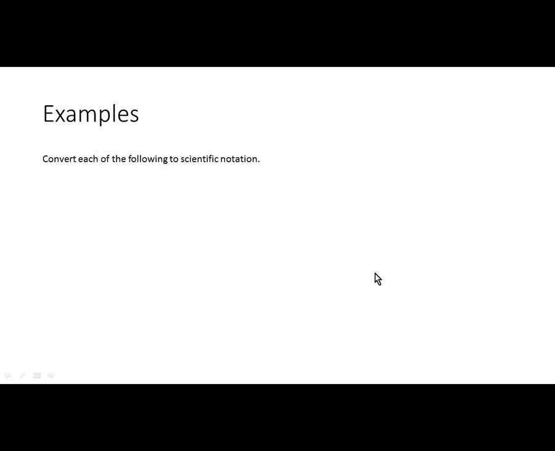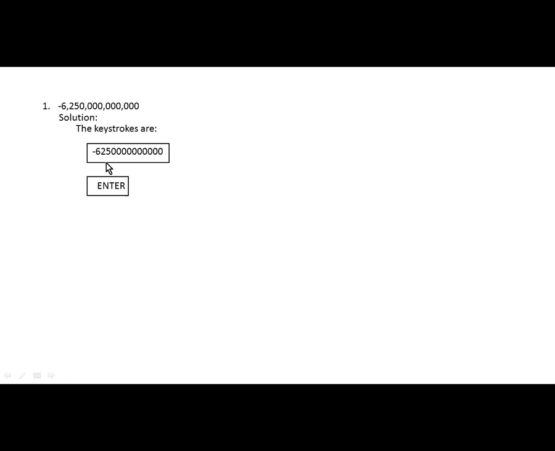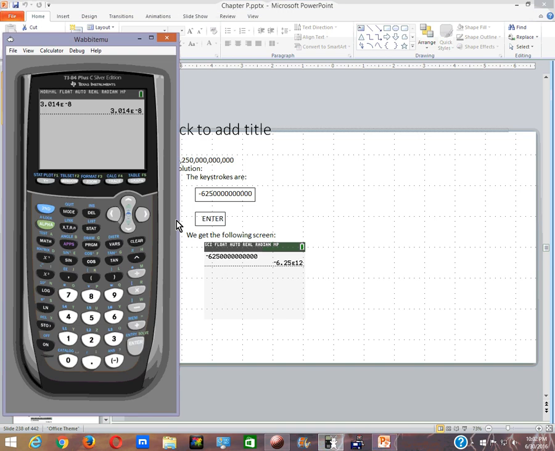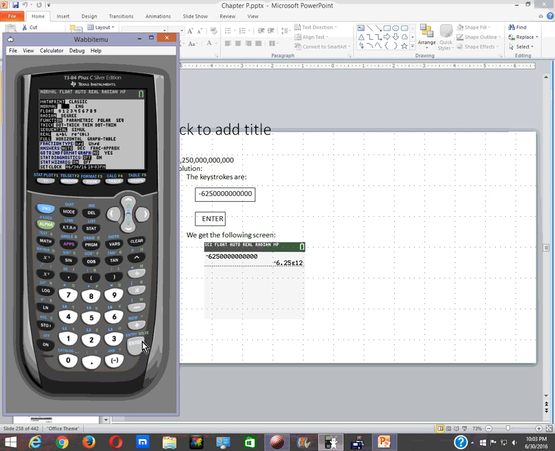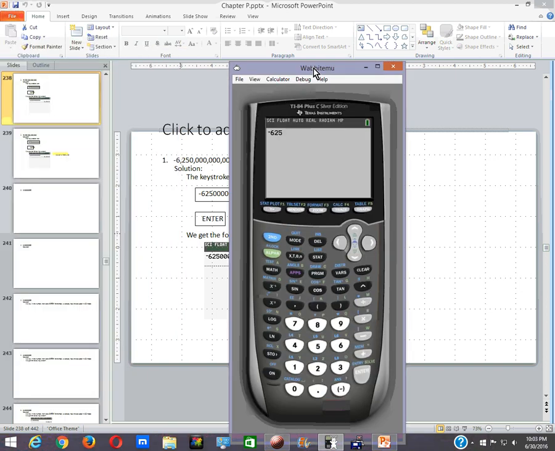So convert the following to scientific notation. There's our first one. We're going to enter that number, press enter, and you get that. So again, on the calculator, clear this out. Mode, go to scientific, press enter, quit the screen. Then negative 625. And how many zeros did I have?